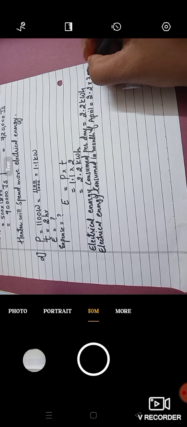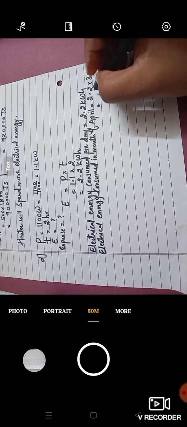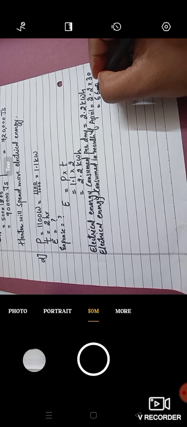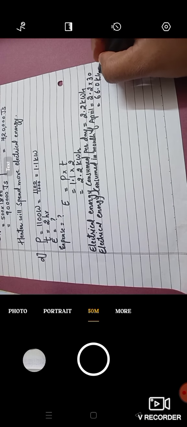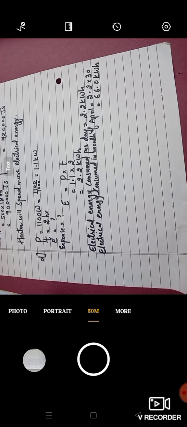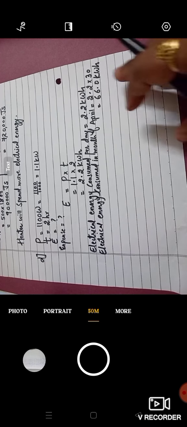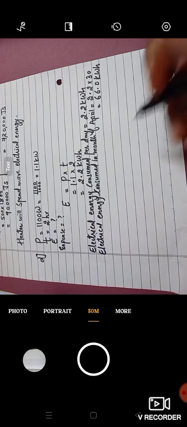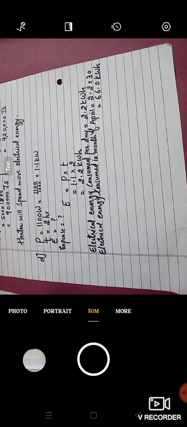So we will multiply 2.2 by 30. So you will get 66 kilowatt hour. In the month of April, a total of 66 kilowatt hour energy has been used.